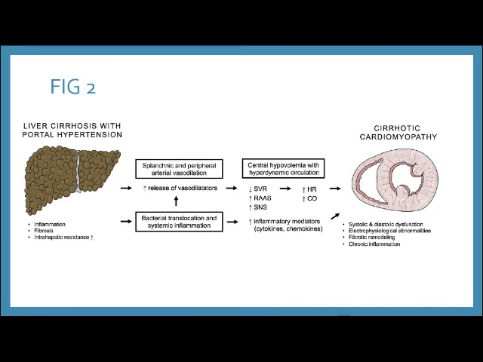This, in its turn, leads to the circulation of vasodilators, and this causes, of course, vasodilatation on a systemic and also a splanchnic level. So this ends up leading to decreased systemic vascular resistance, and the blood volume is redistributed.